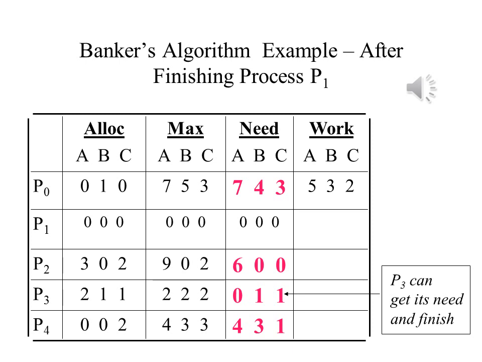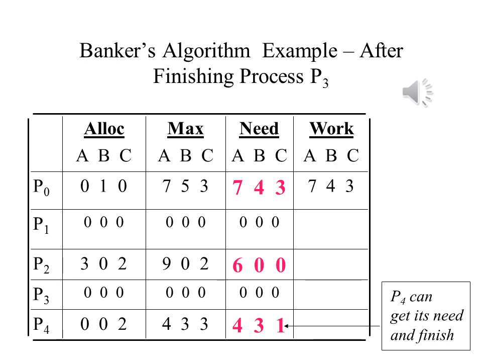After we reallocate the 2 instances of A that P1 is actually holding, we have 5 A's, 3 B's, and 2 C's. With this, we can satisfy P3, and it can run through completion.